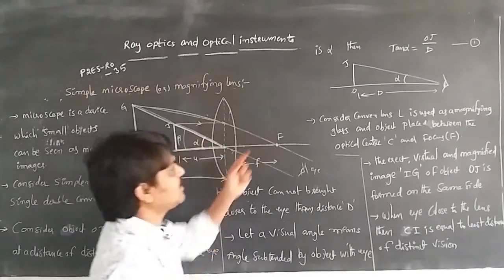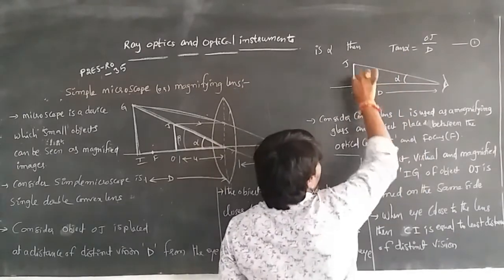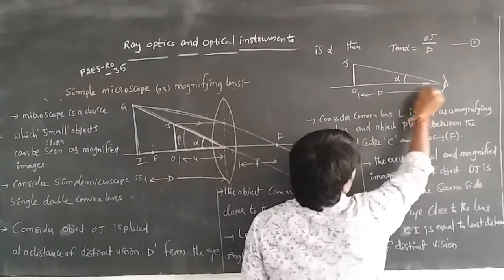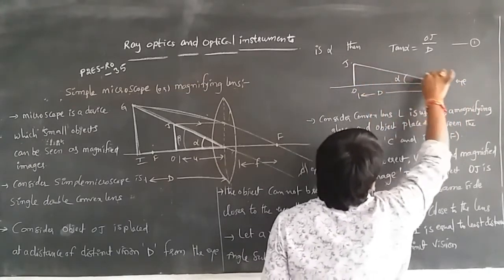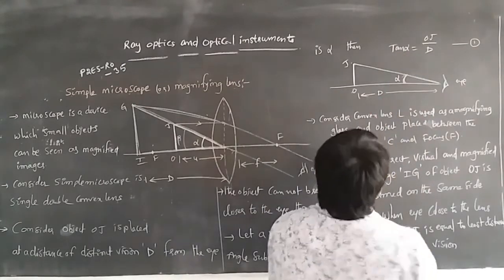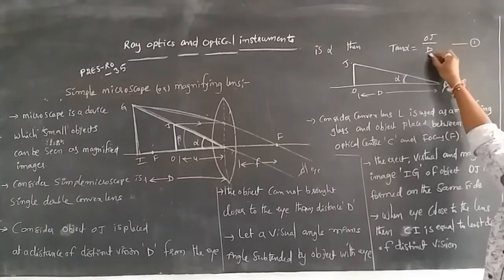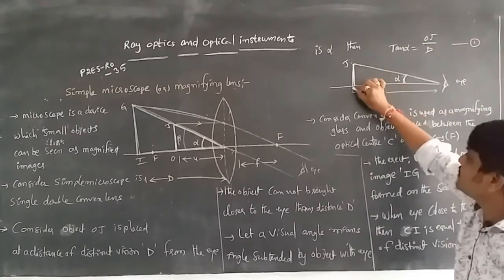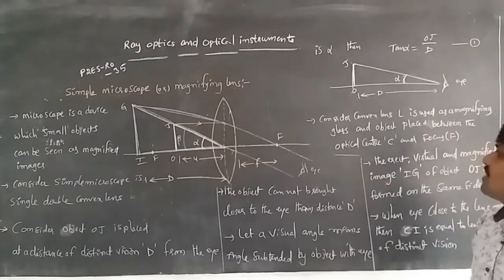So tan alpha is equal to OJ by D, that is, opposite by adjacent. Opposite is OJ and adjacent is D. So tan alpha is OJ by D; consider this equation number 1.